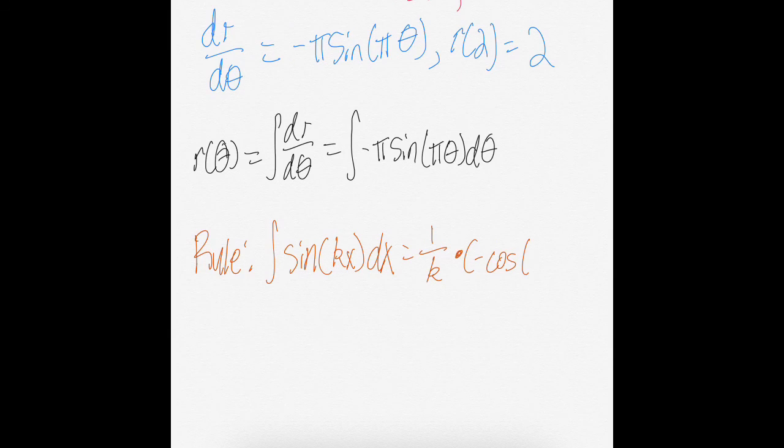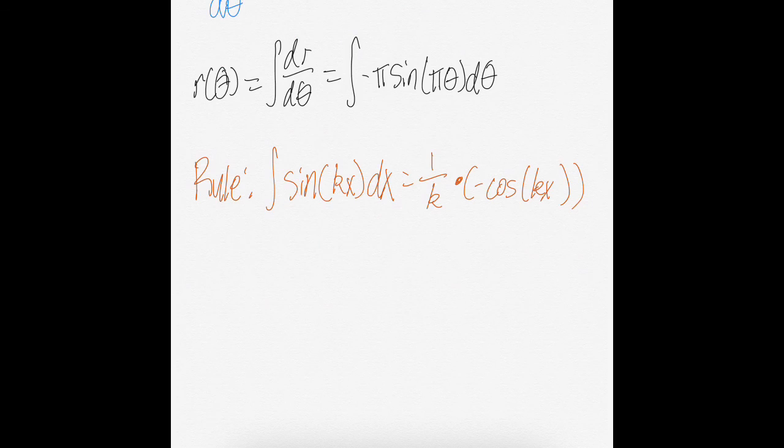The antiderivative of sine of kx dx is going to be 1 over k times minus cosine of kx.